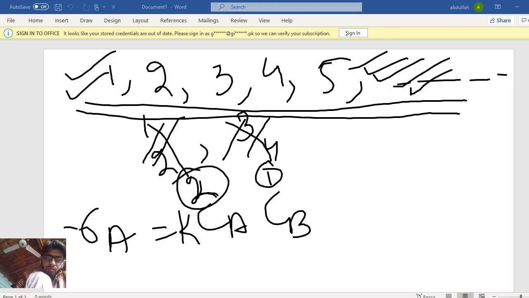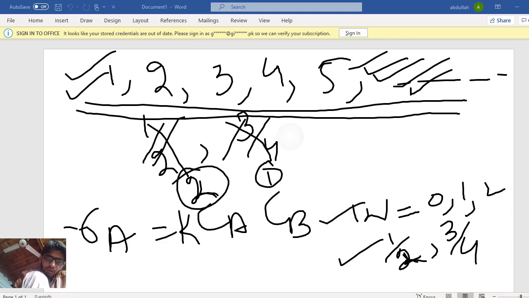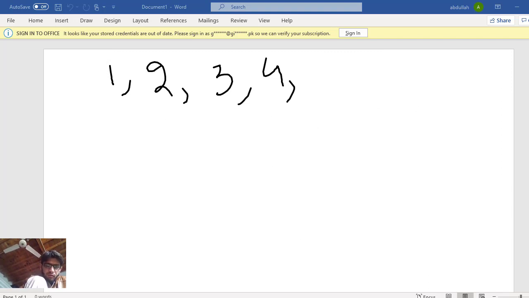The order of reaction can be a whole number, 0, 1, 2. It can be fractional, it can be 1 over 2, it can be 3 over 4. So order can be in fraction form, but molecularity cannot. So this is the molecularity and order of reaction.